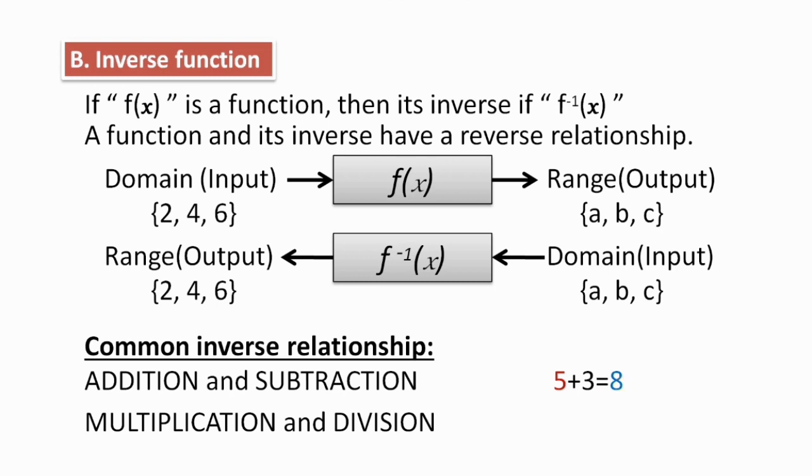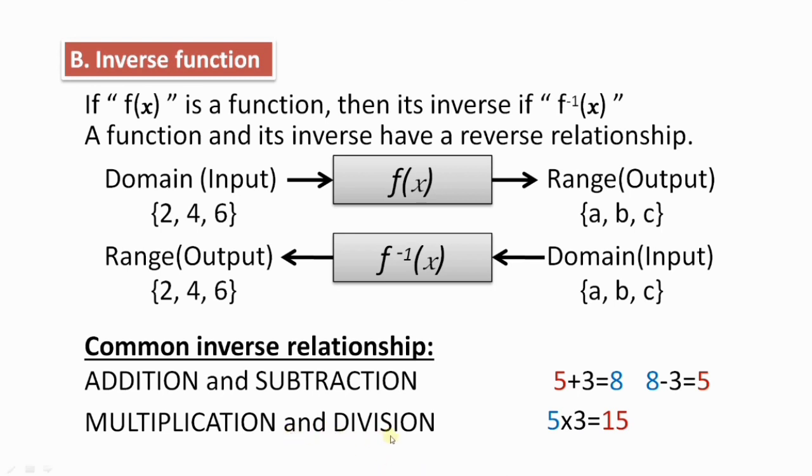If you reverse this process, it means you will be using the reverse relationship to addition, which is subtraction. Then if you use that now as the domain in this reverse function, you have 8 minus 3, which will give us 5, the domain of the original function.